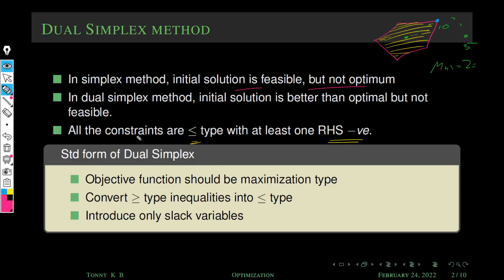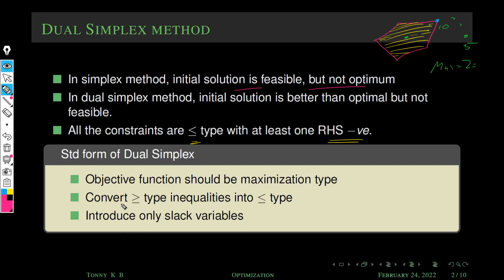So the dual simplex method is applicable when all the constraints are less than or equal to type with at least one negative RHS. This is the standard form of the dual simplex method, similar to our simplex algorithm. The objective function should be in maximization type. If it is minimization, we know how to convert it to maximization, and convert greater than or equal to type inequalities into less than or equal to type by multiplying by a minus sign, and introduce only slack variables.